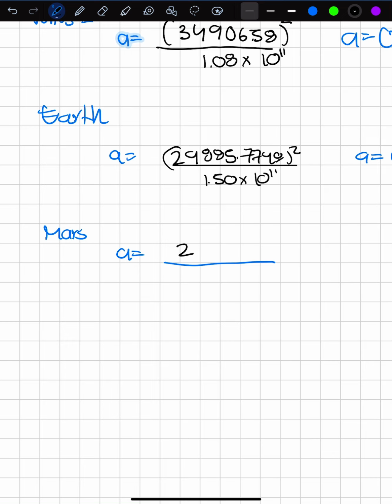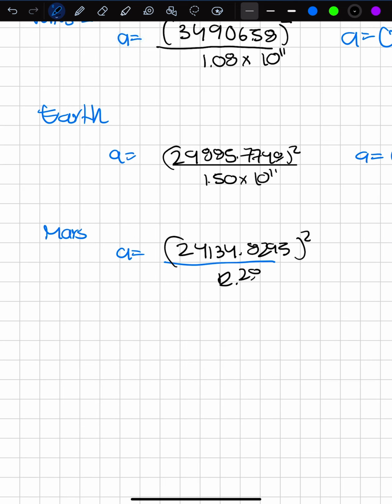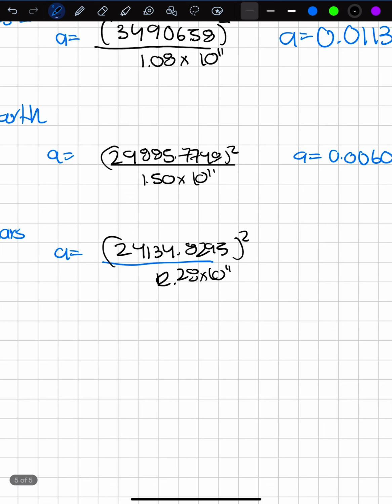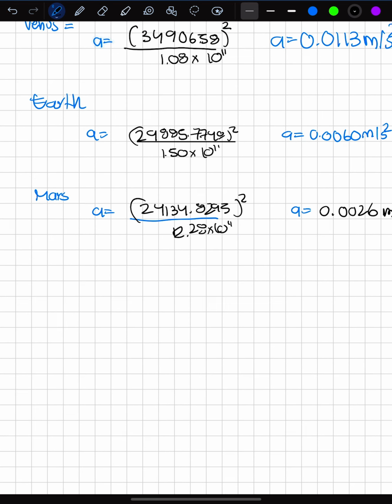We have our speed, which is what we found in the last question. We can square that, and then we have our radius, 20 times 10. Then we finally can plug that into the calculator, and we get 0.0026 meters per second squared. So now we just found the speed and the centripetal acceleration for each of the planets.